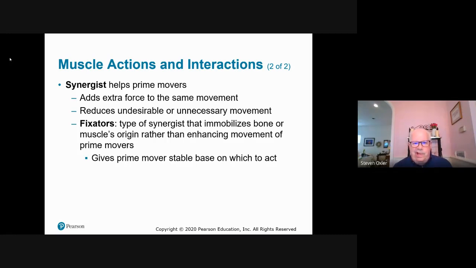There is a type of synergist called a fixator that immobilizes bone or the muscle's origin rather than enhancing the movement of the prime movers. It actually gives a stable base for the prime mover to act. So those are the three types of muscle actions: agonist, antagonist, and synergist. Okay?